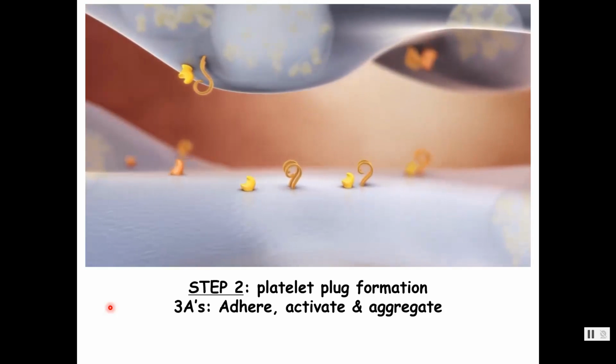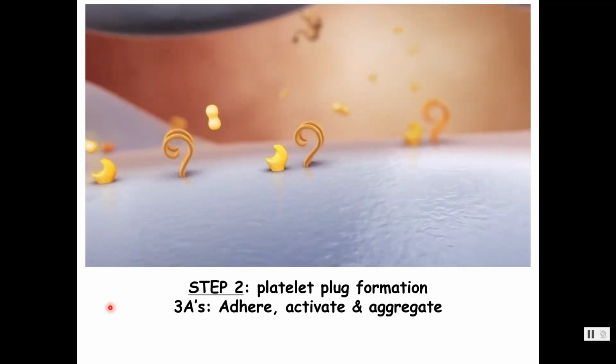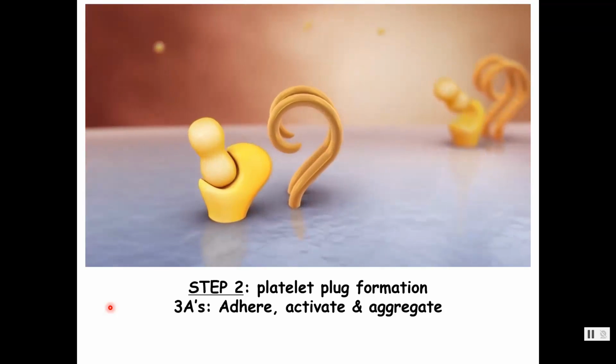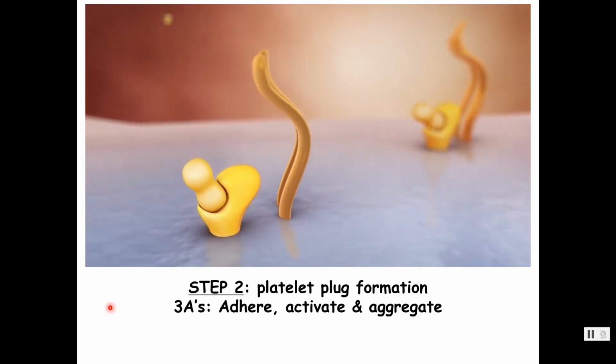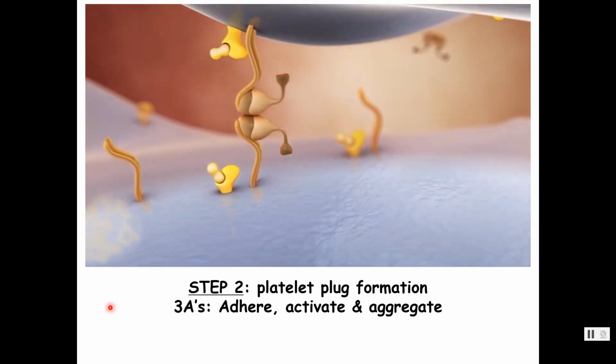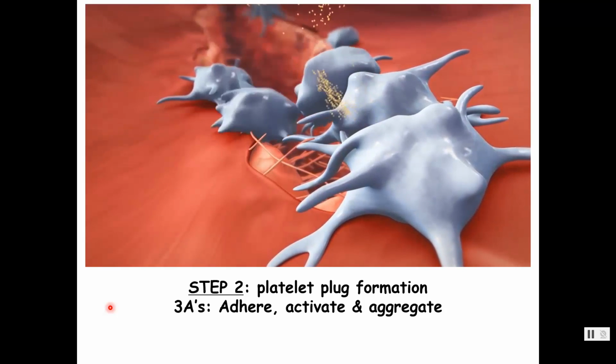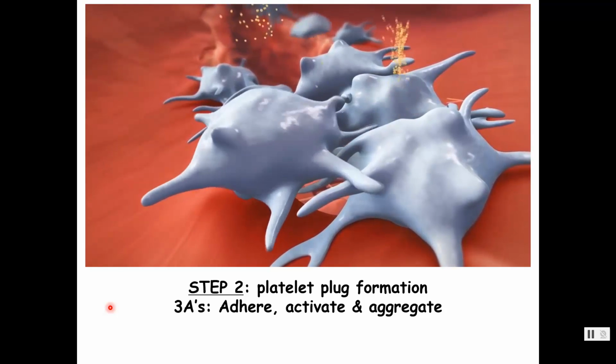The activated platelet in turn releases prothrombotic molecules such as adenosine diphosphate, ADP. By binding to its receptors, ADP induces aggregation and recruits further platelets to the site.